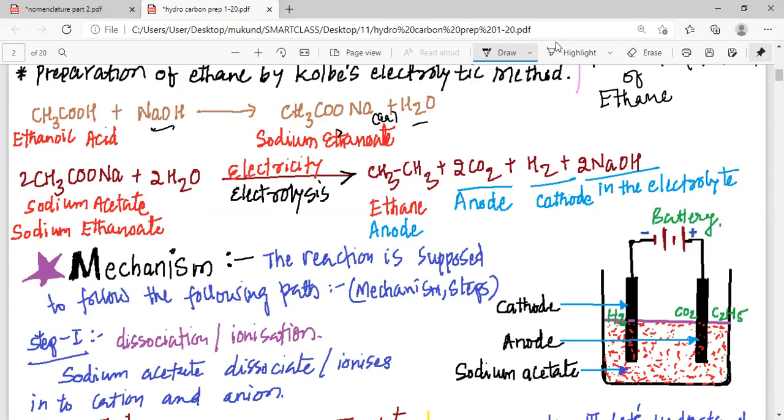So this sodium ethanoate or sodium acetate, we add it into water. So we take the aqueous solution of sodium ethanoate or sodium acetate.